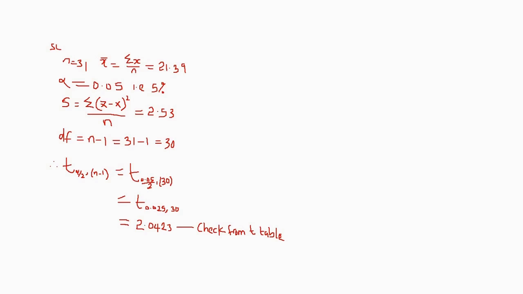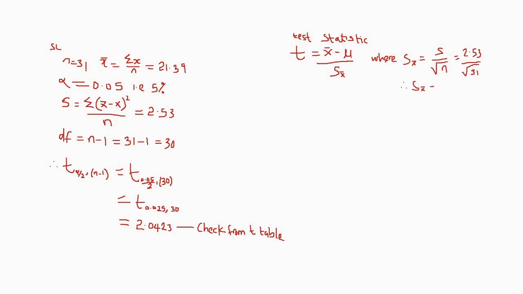Also, I want to quickly show you how I get my t calculated, that is the t test statistic. It is calculated with this formula, which is the mean minus the mu over the standard error of the mean, where the standard error is the standard deviation over the square root of n, which gives me 0.46.